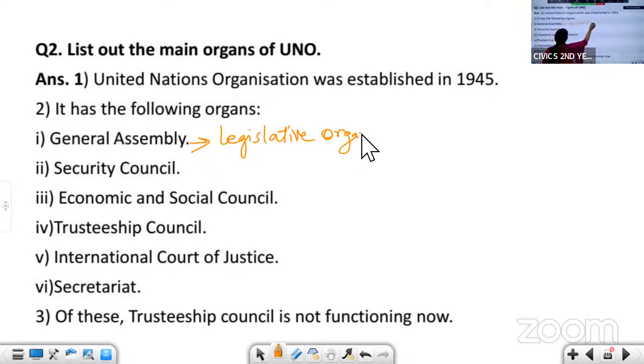That means it makes all the laws for the UN. It has got 193 countries.